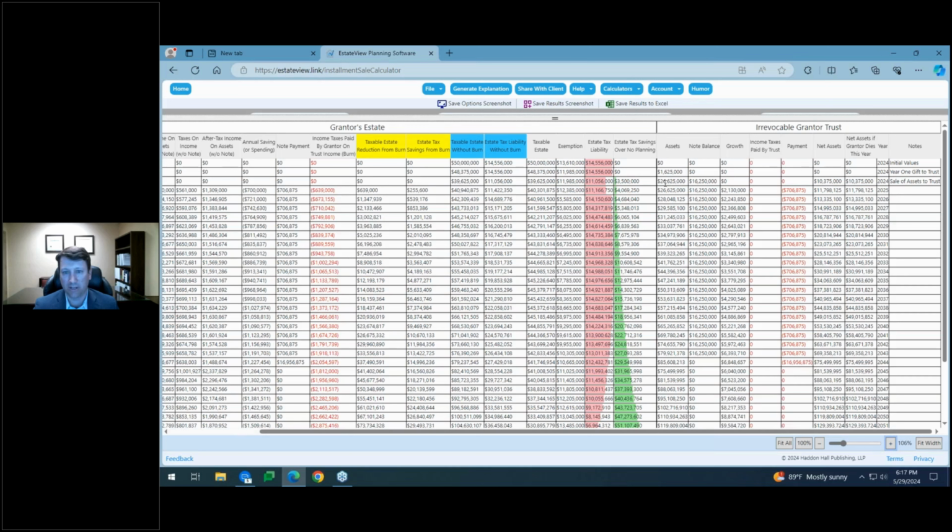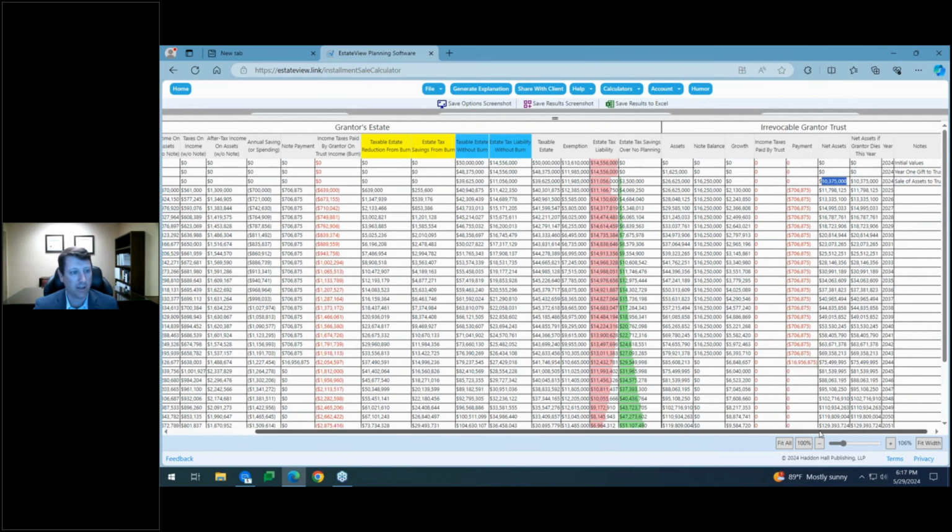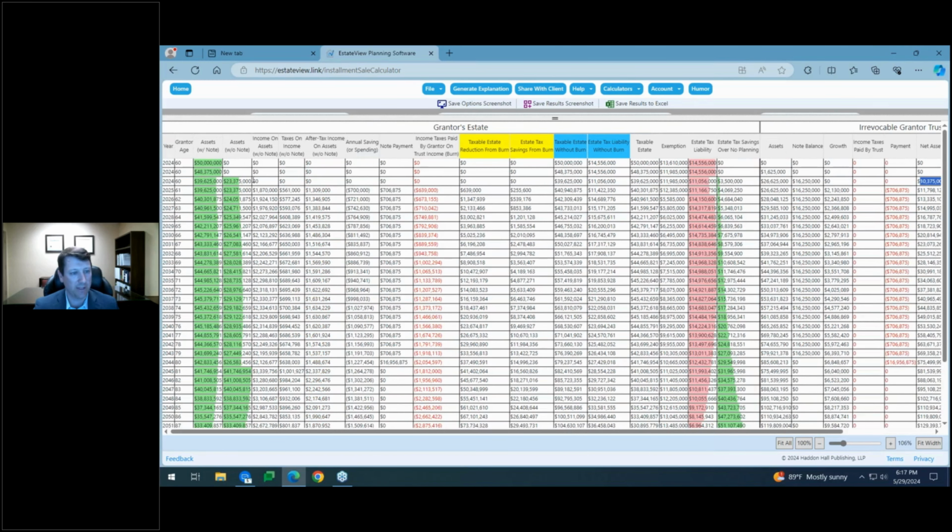The $25 million of assets plus our seed capital gift of 1.6 gives us approximately 26 million in the trust, which owes a note of 16.25, to net assets in the trust of just over 10 million after year one. In the grantor's estate, without the note, it's then down to 23 million, and with the note owed back to them, it's just shy of 40 million.